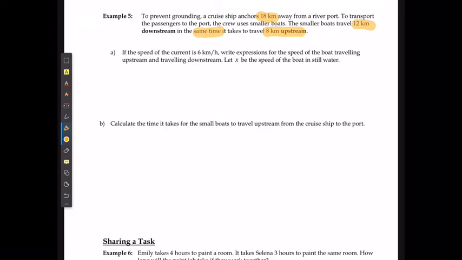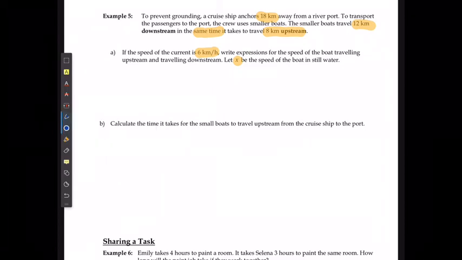If the speed of the current is 6 kilometers per hour, write an expression for the speed of the boat traveling upstream and traveling downstream, and let x be the speed of the boat in still water.